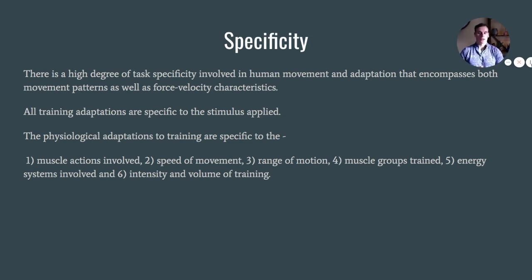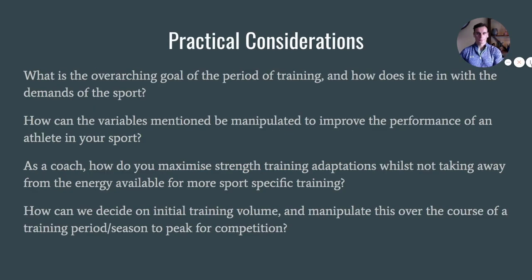It goes without saying, all training adaptations are specific to the stimulus applied. The physiological adaptations to training are going to be specific to the muscle action involved, the speed of movement, the range of motion, the muscle groups trained, the energy systems we're training, and the intensity and the volume of training. So when it comes to critiquing and designing a training program, specificity is a very important thing to focus on, particularly when we're talking about improving sports performance.